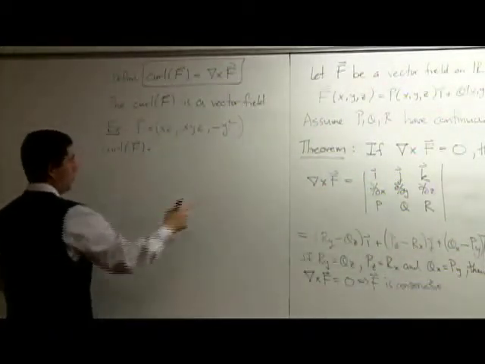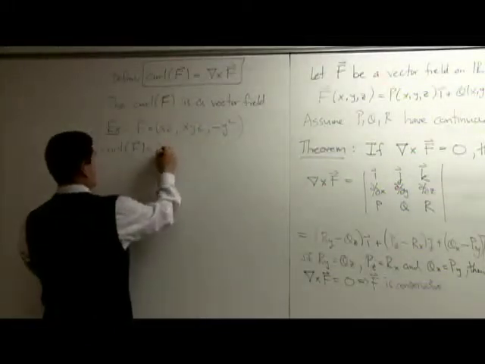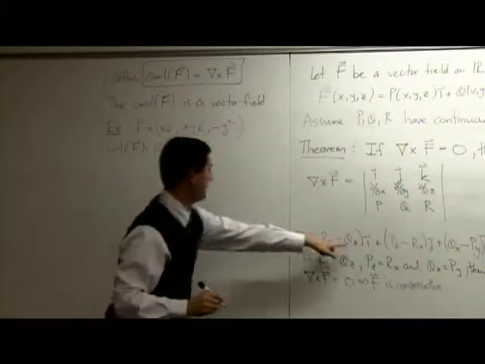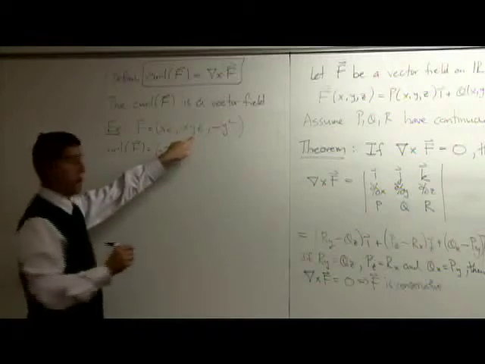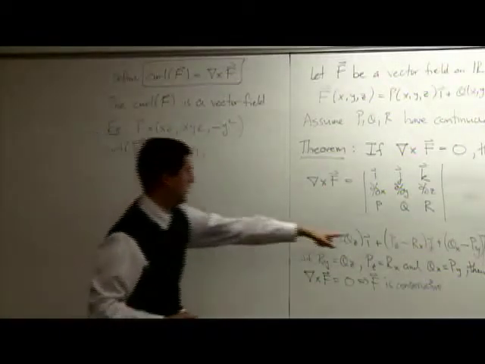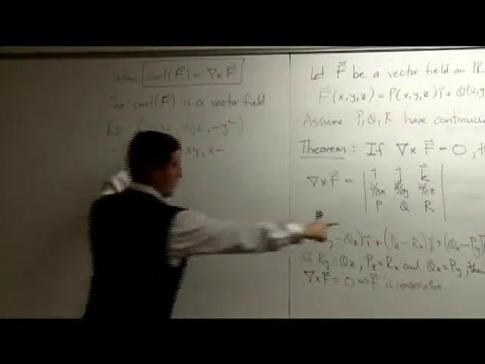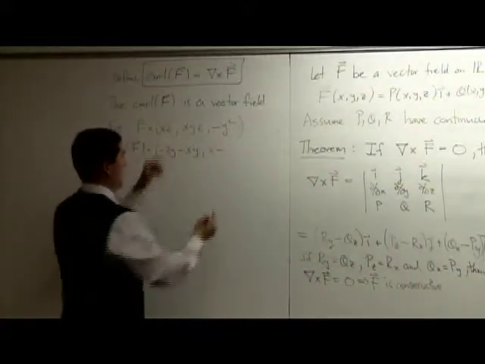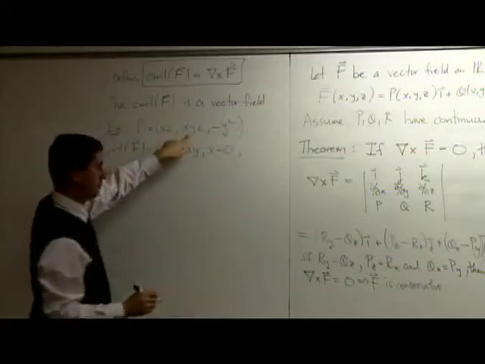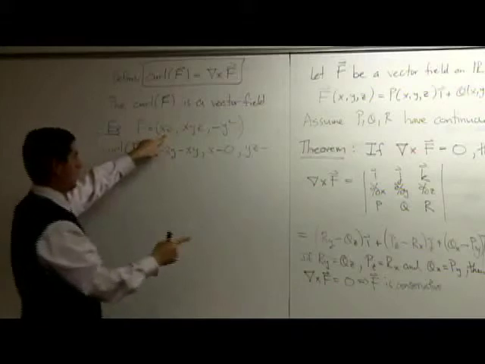So let's see, it's going to be the partial of R with respect to y, which is minus 2y, minus the partial of Q with respect to z, so that's xy, comma, okay, now we need the partial of P with respect to z, that's just x, minus the partial of R with respect to x, that's 0, comma, all right, the partial of Q with respect to x, that's yz, minus the partial of P with respect to y, that's 0.